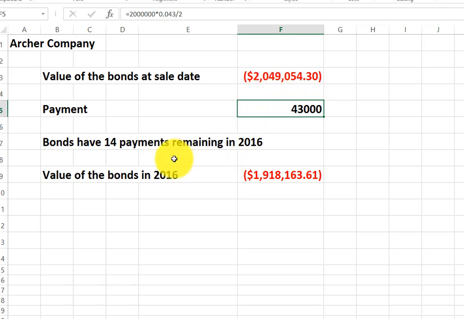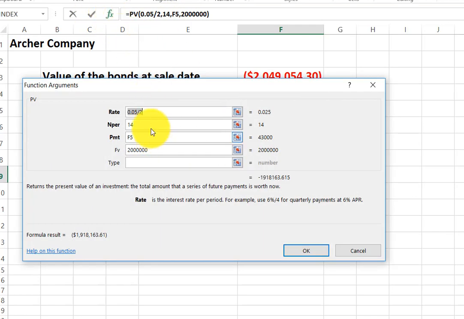Now in 2016, you've made 6 payments, and so there's 14 payments left. And so the question is asked, what would they be worth? What's the value of these bonds in 2016? You use the present value again, but this time you use 5% because of the change in the market rate.